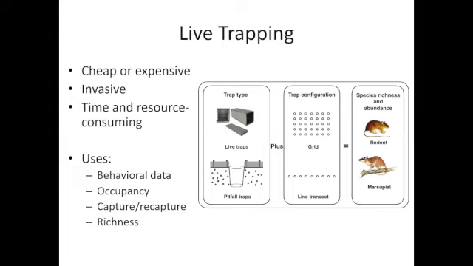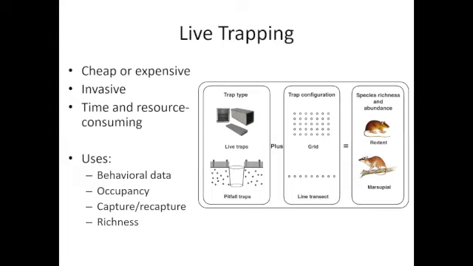But there are all different types of traps. You can use Sherman live traps, but even just as effectively in some areas, you can use pitfall traps, buried buckets, and there are all different types of trap configurations and arrays that you can use, and you can get information on richness and abundance.